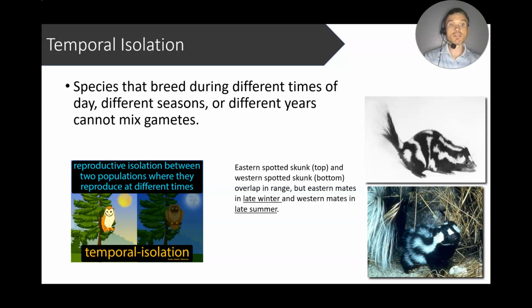These are 2 different species, and the reason they're different species is because the eastern prefers to mate during the winter months, whereas the western prefers to mate during the late summer months. Because they don't want to mate at the same time, these are considered separate species. They would normally interact and produce offspring.